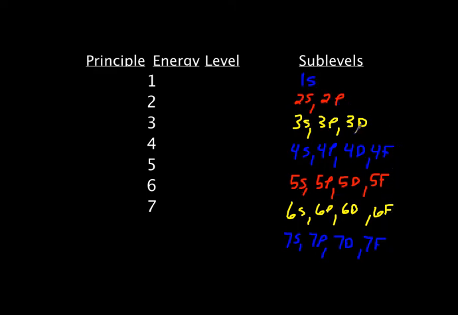Notice that the first number changes because that tells you what row you're in. So if you know you're in 4S, then you're in principal energy level 4 and the sublevel S. So these are again getting more details of the address of the electron.